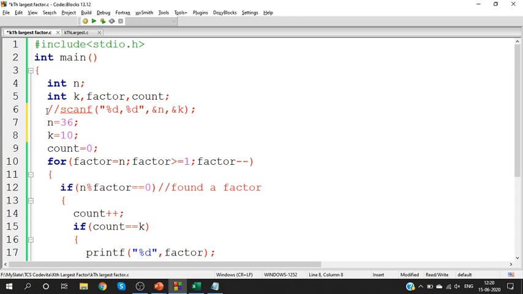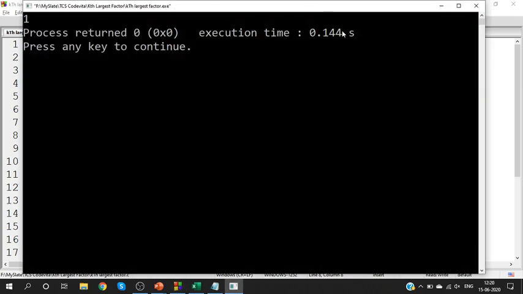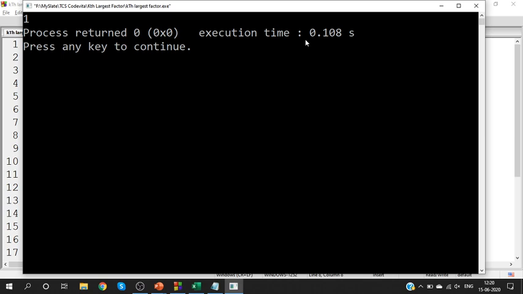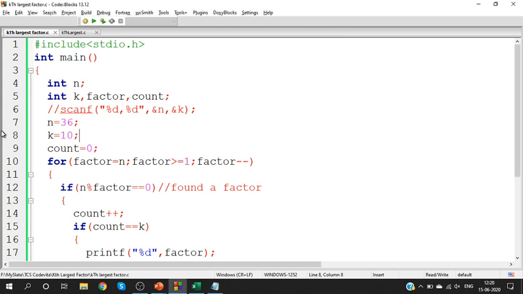I'm giving the input on my own. Observe the time needed for processing alone. What is the time needed here? 0.144. Okay, I'll execute it one more time. That is the perfect timing. 0.108. We need 0.108 seconds to get this output.